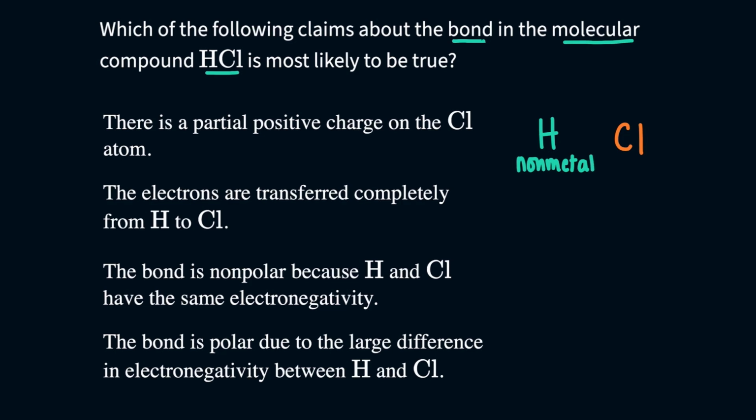So hydrogen is for sure a nonmetal. Chlorine is on the other side, and chlorine is one of your halogens. It's also a nonmetal. So we got two nonmetals coming together. What type of bond is that? Yeah, it's a covalent bond. Covalent bonds are between nonmetals and nonmetals.